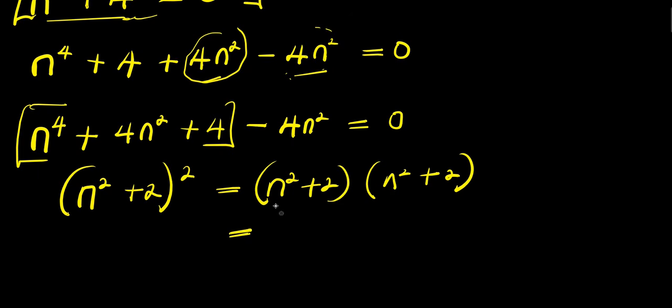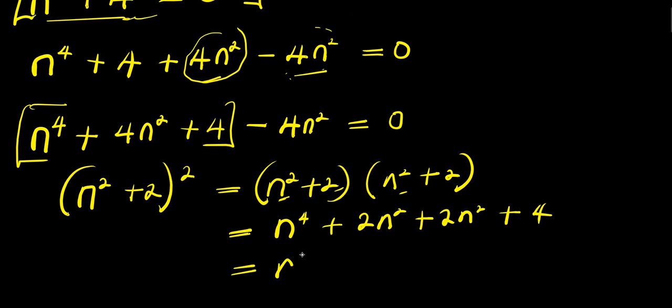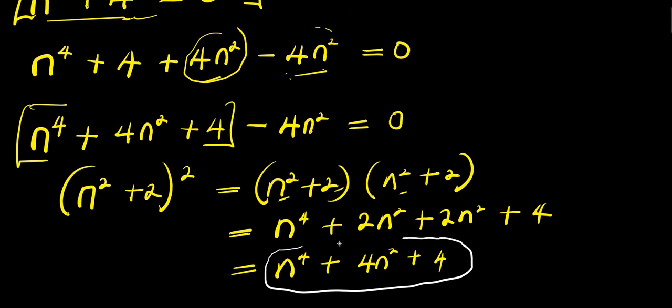And this would definitely give us n power 2 times n power 2, that is n power 4, plus n power 2 times 2, we have 2n squared, plus 2 times n power 2, we have 2n squared, plus 2 times 2, we have 4. So this will give us n power 4 plus 4n squared plus 4. So this is exactly what we had here.